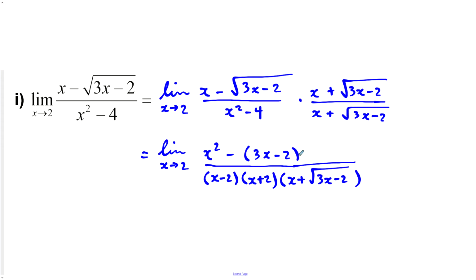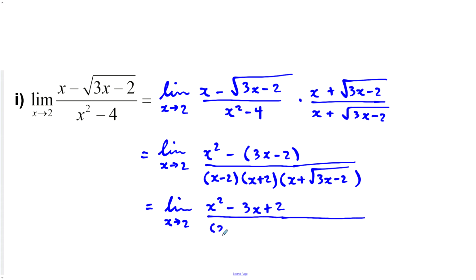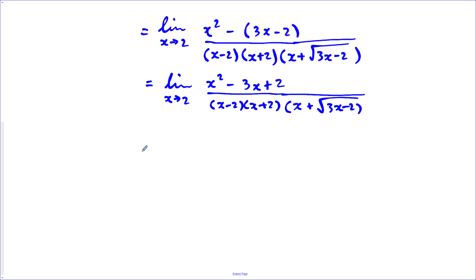Okay, let's clean up the numerator. We got something we can factor here. So the limit as x approaches 2, this is x squared minus 3x plus 2. And all this in the denominator will still be here, waiting patiently. And let's factor this now.